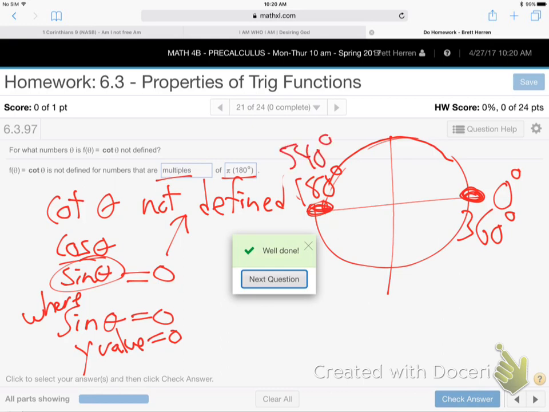You could just keep going 180, 180, 180. Anytime you go 180, you go halfway around, you're at another dot where the sine, the height, the y value is 0. So the cotan will have a denominator 0 and be not defined. Make sense? We good with all that? So whenever they ask you about something being not defined, you think denominator 0. That'll be in calculus as well.